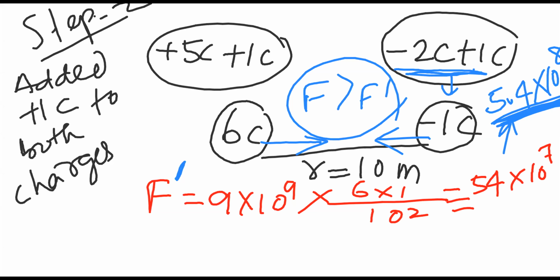But if you add plus 3 coulomb to each of them, then the force will become repulsive. Initially F was attractive, F prime also attractive, because one is positive and one is negative. But if we add plus 3 coulomb charge, then both forces will become repulsive. Please keep that in mind. This is one type of question you can do, in general with step 1, step 2.